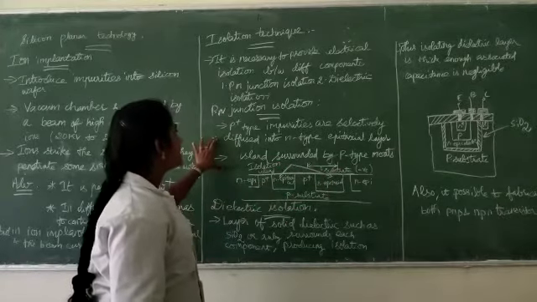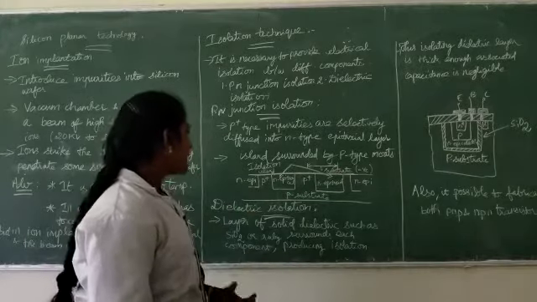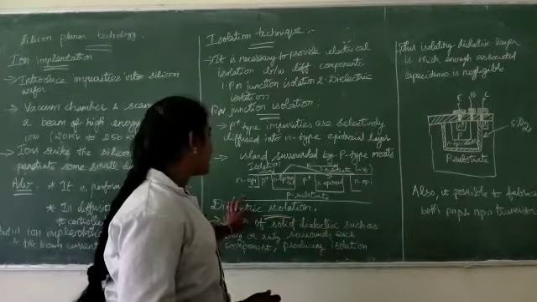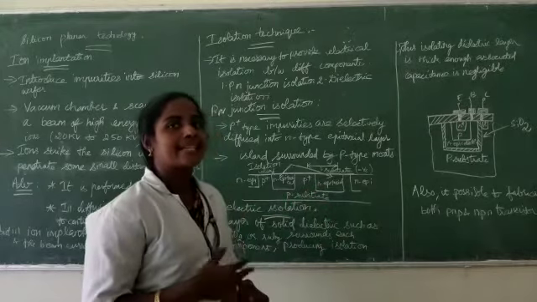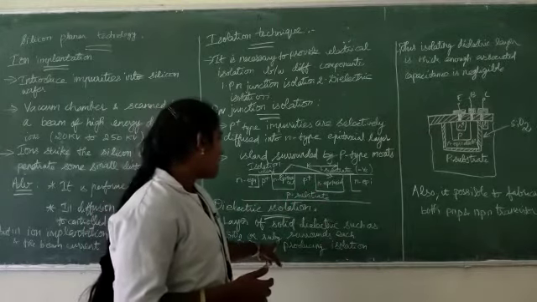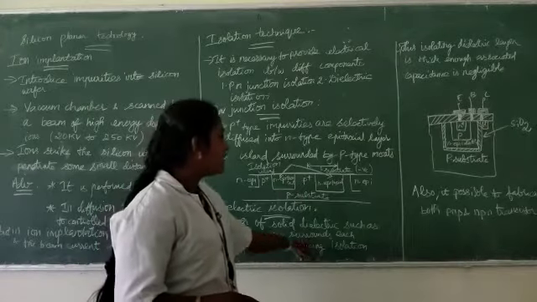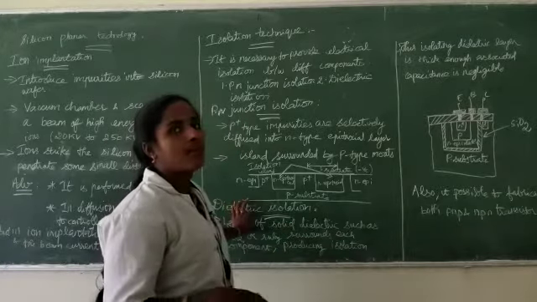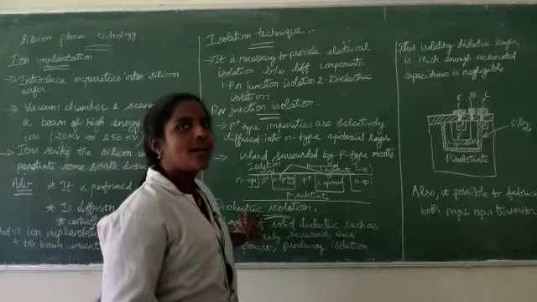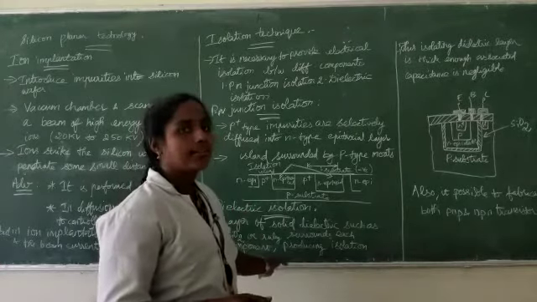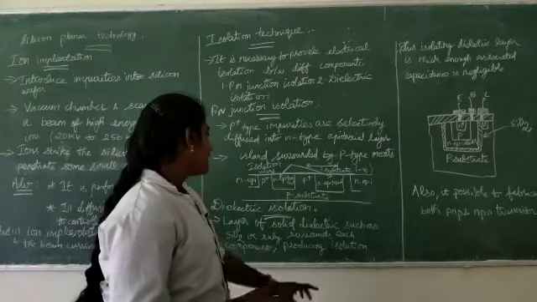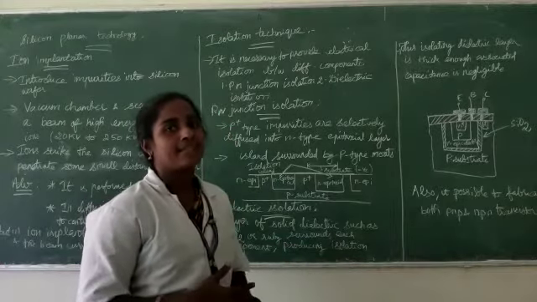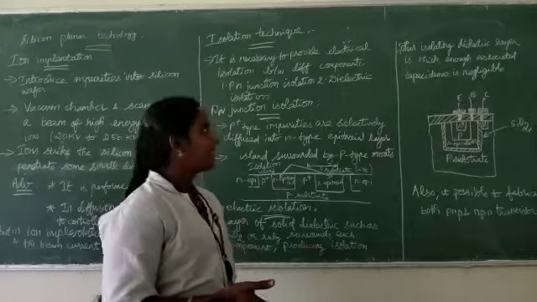The next method is the dielectric isolation. In dielectric isolation, a layer of solid dielectric, that is an SiO2 layer, completely surrounds each component, producing the isolation electrically and physically.